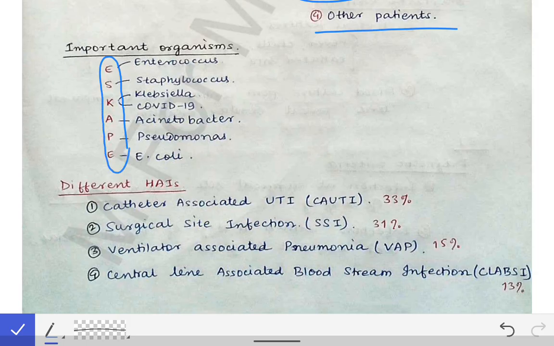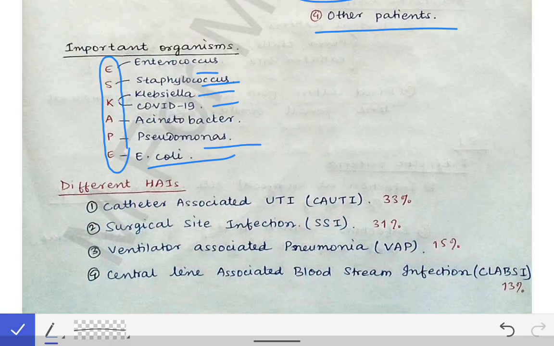So ESCAPE means E for Enterococcus, S for Staphylococcus, C for Klebsiella, A for Acinetobacter, P for Pseudomonas, E for E. coli. So these are all different microorganisms which are very commonly found to cause these healthcare associated infections.